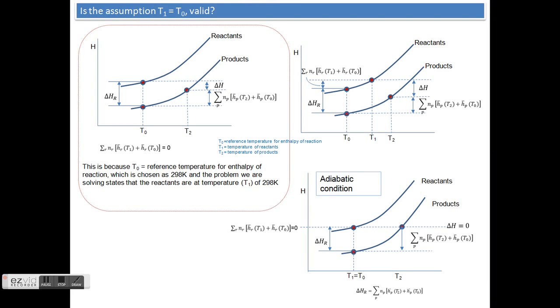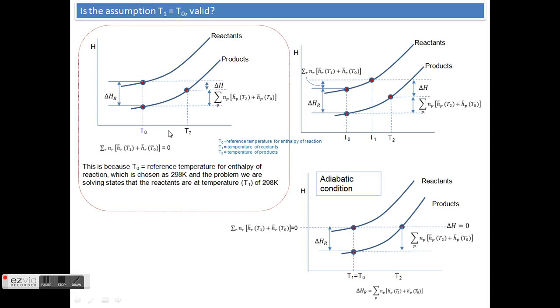And then here I'm looking at the assumption we made earlier on that T1 is T0. I'm just trying to give you a graphical depiction of what's going on. T0 is usually a reference temperature, and like I said, that reference temperature is the standard temperature, which is 298 Kelvin.